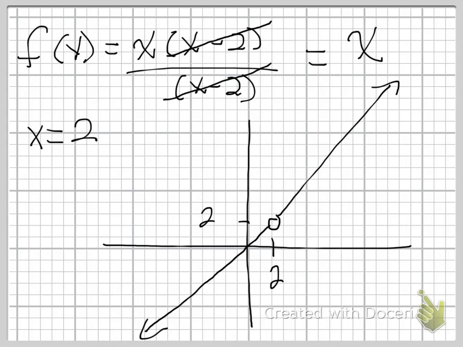Now, we've talked about vertical asymptotes. The next thing to do is to consider what our book calls horizontal asymptotes. That's kind of an unfortunate term because further on we'll learn that these aren't always horizontal.